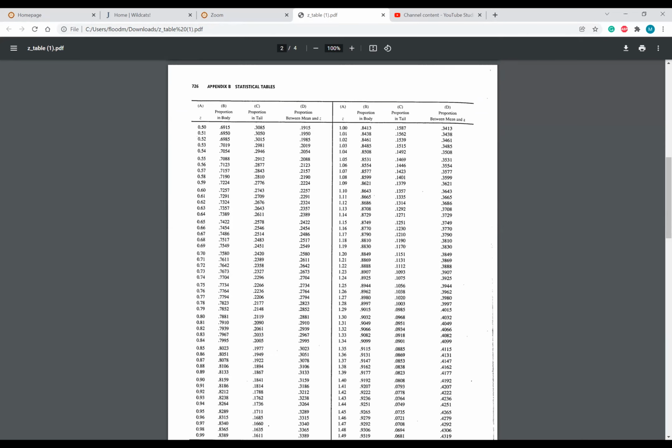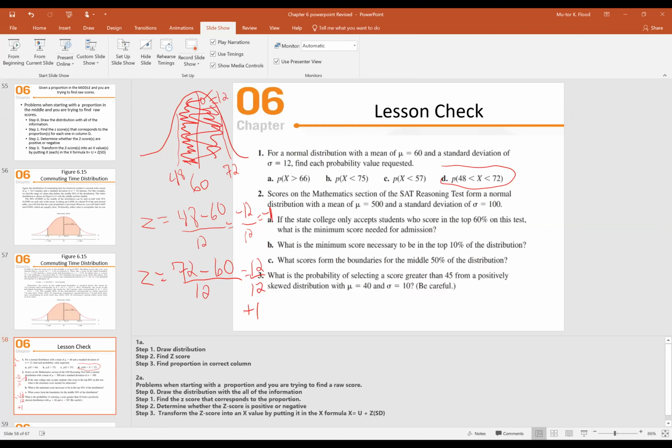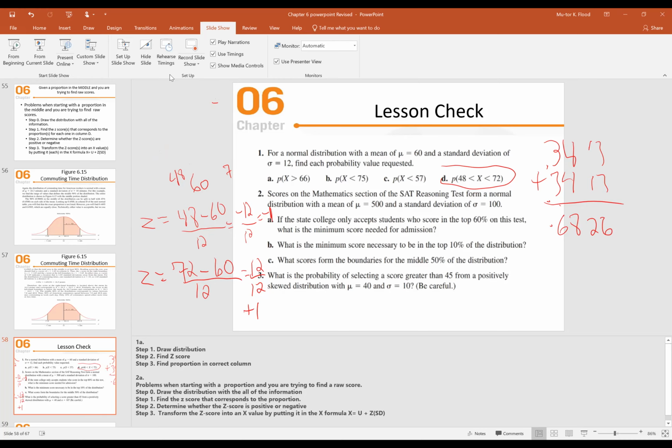So for this question, we are going to add 0.3413 and 0.3413, and that gives us 0.6826, or 68.26%. So that's how you would do those particular questions.